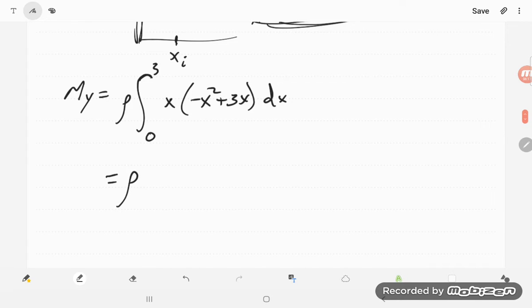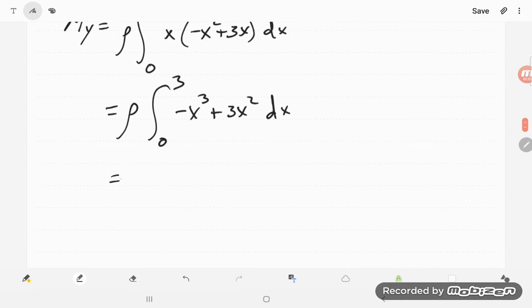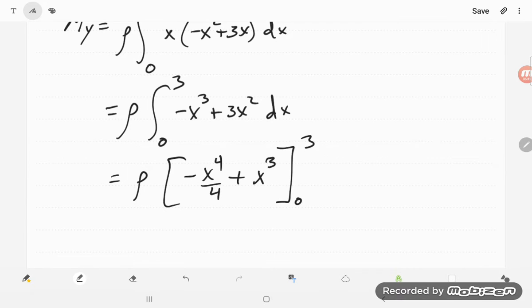So that's rho times the integral from 0 to 3 of minus x cubed plus 3x squared dx. And so we get rho times minus x to the 4th over 4 plus x cubed, and that goes from 0 to 3.